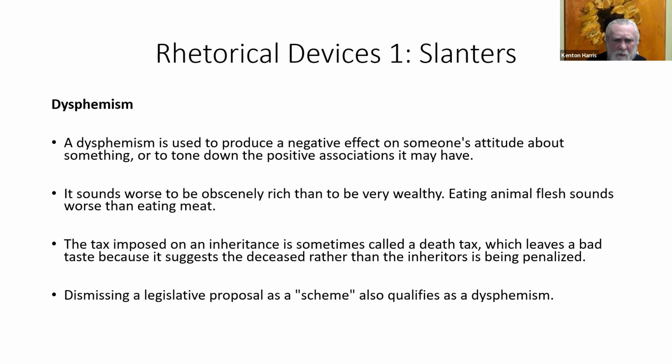It sounds worse to be obscenely rich than to say he's very wealthy, right? Eating animal flesh sounds worse than eating meat. A tax imposed on an inheritance is sometimes called a death tax, which leaves a bad taste in one's mouth because it seems to suggest that the deceased, rather than the inheritors, is somehow being penalized.